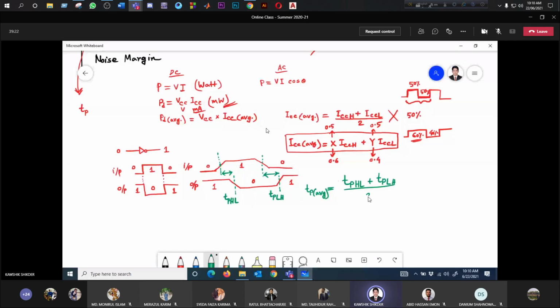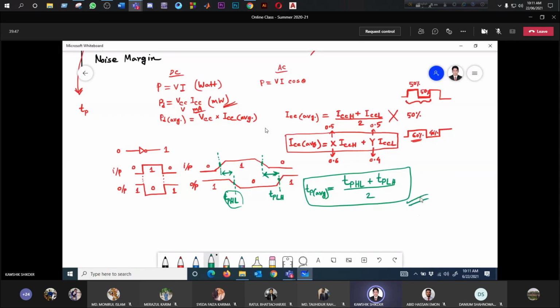This equation is fixed because we always consider the 50% of the changing time. Input 50% to output 50%, that duration is TP H to L. Similarly, input 50% to output 50%, that duration is TP L to H. So we divide by 2 because we consider the 50% time. This equation is fixed whatever the duty cycle.